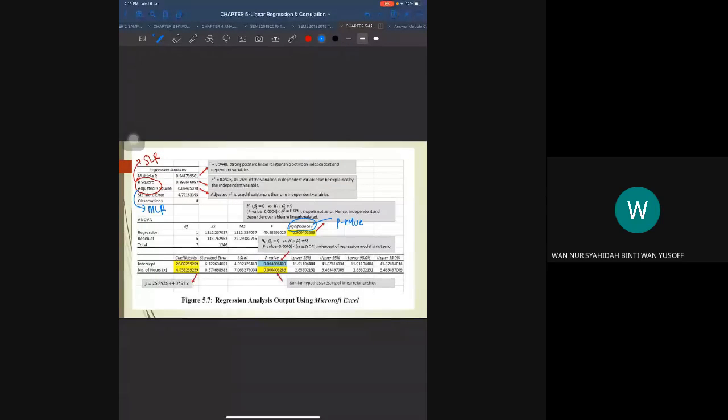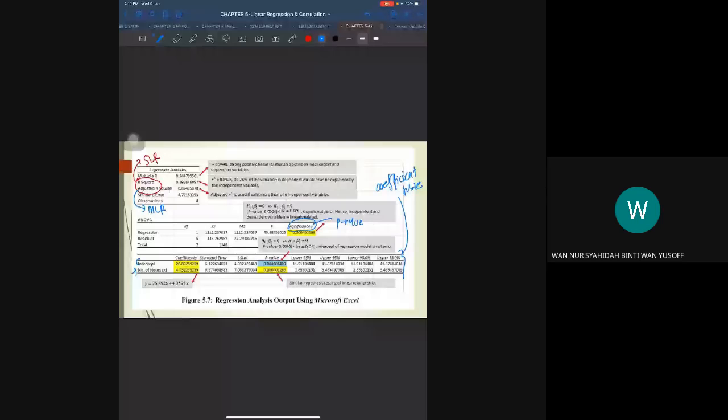Okay, the last table here, we call it a coefficient table. So we have the intercept, we have the single variable here. The difference between simple linear and multiple linear is in the coefficient table. The rest will be similar.